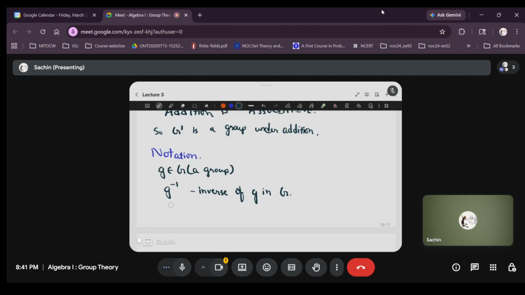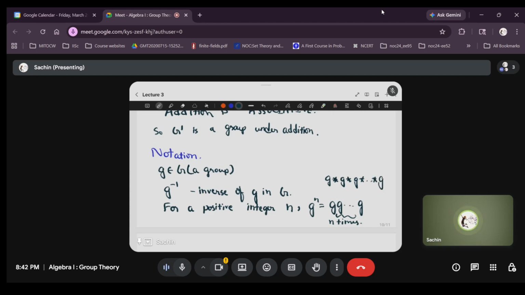And for a positive integer n, g power n is g times g times g, n times. So here it is actually g star g, and since it's a group, star is associative, so we don't have to put brackets here.